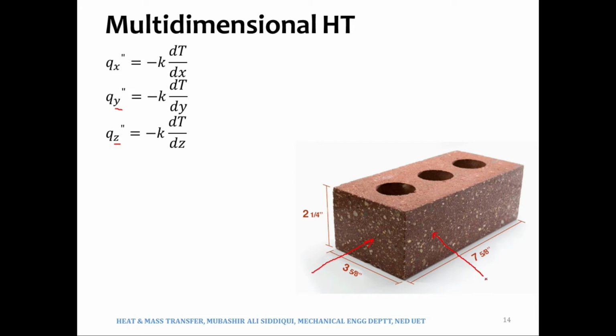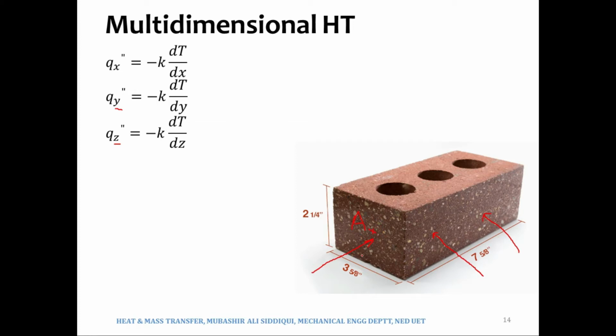So when we consider Q in y direction, the area which is normal to the heat flow or heat flux is in fact 7 by 2. So this Ay is not the same as Ax. This would be Ax, and you would have realized that Ax does not have x in it.